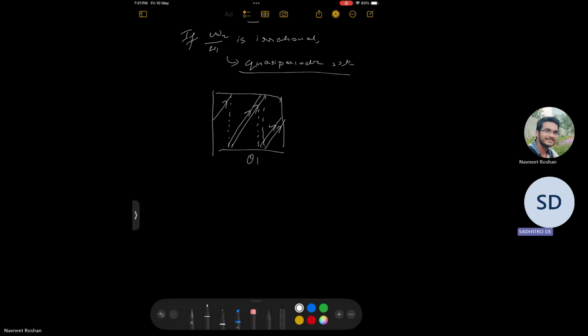So you see that the trajectory sort of seems to repeat itself but does not exactly do that. And then what happens is that each trajectory becomes dense on the torus. That means the trajectory comes arbitrarily close to any given point on the torus, but it does not exactly repeat across that point.